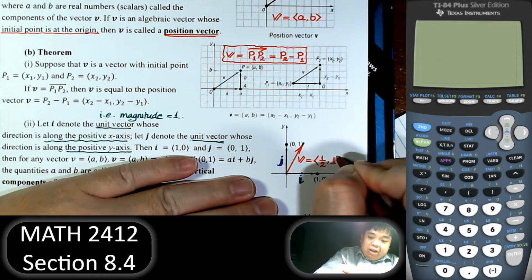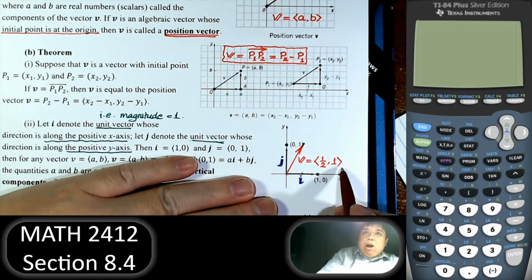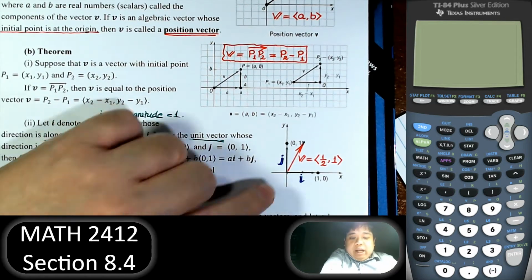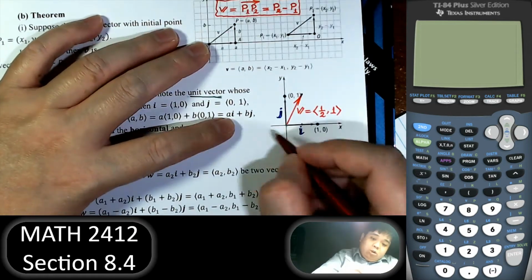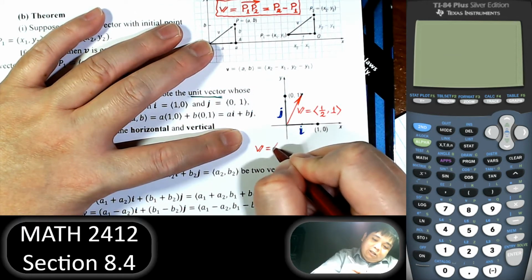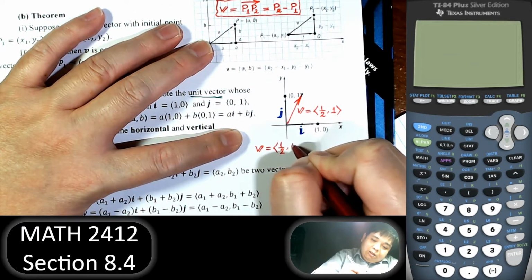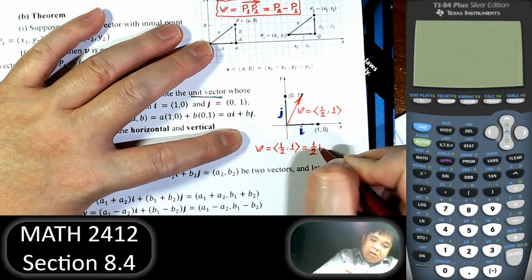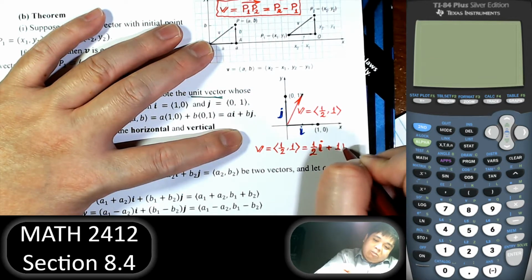Let's say that is the vector, so go 1/2 unit to the right and 1 unit up. We can write the vector like that. We can also write the same vector as 1/2 times vector i plus 1 times vector j.